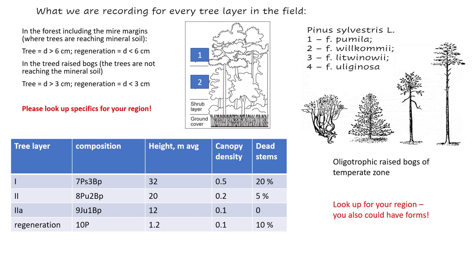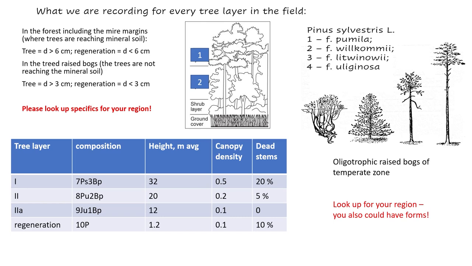The highest is form oligonosa. This is usually the dominating pine tree at the edges. Then comes forma litvinovi, which is smaller. Even at 200 years it could have a diameter of 6-8 centimeters and a height of 5 meters.